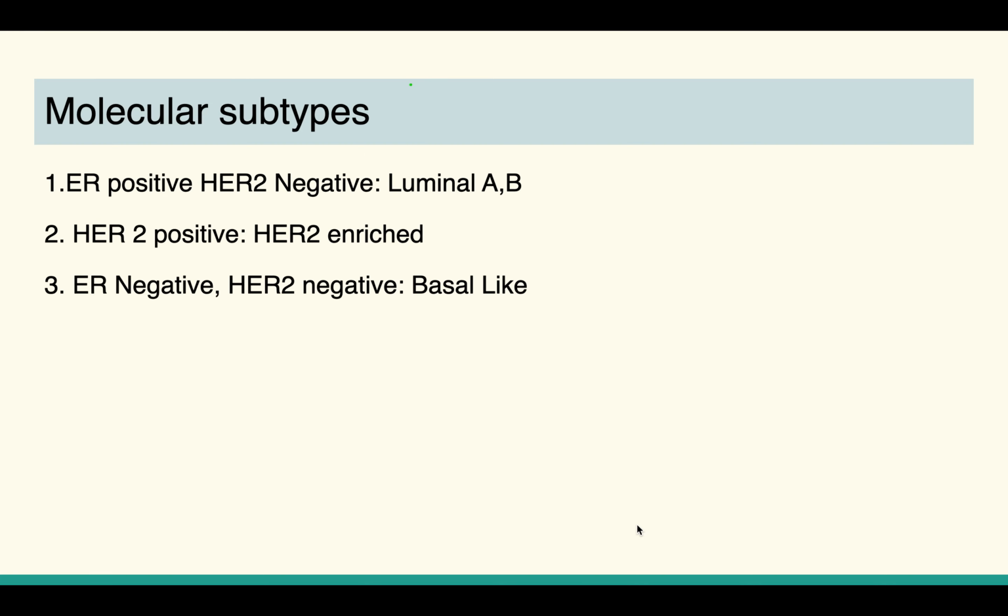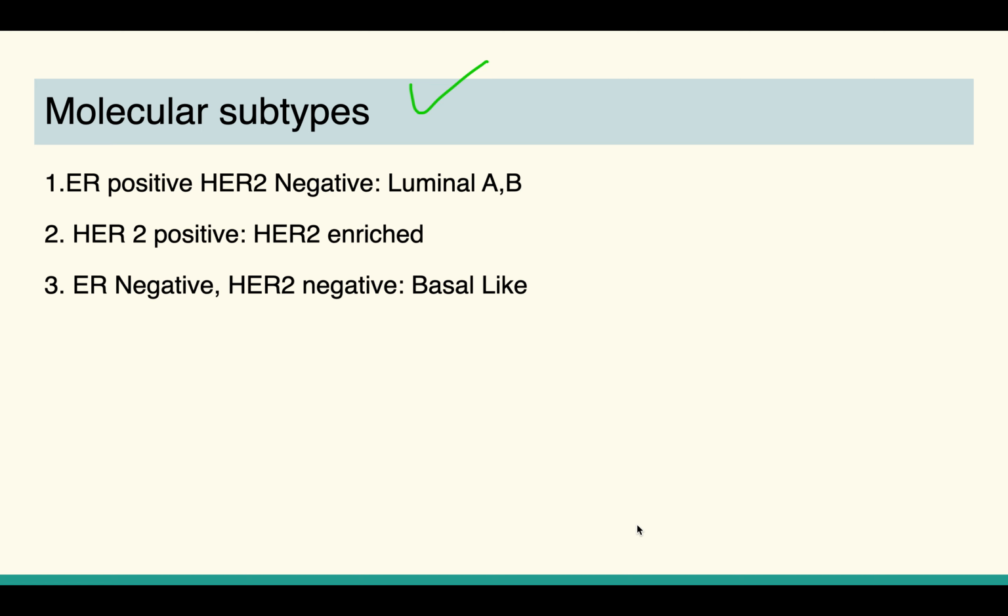Now going to the molecular subtypes. In the previous video we discussed somewhat about the molecular subtypes and their relation to familial breast carcinoma, so you can see that video also. So what are molecular subtypes? Whatever the morphology is, breast carcinoma can be divided into three types.